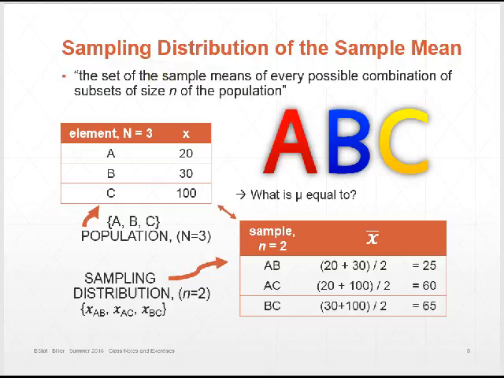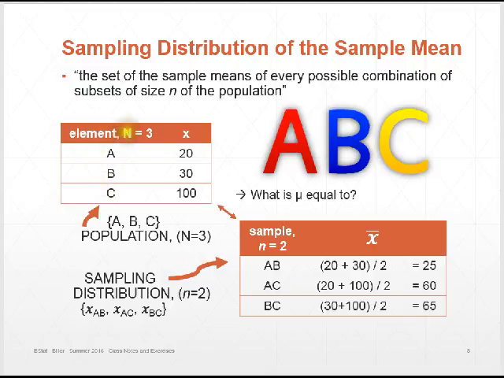And to illustrate this principle, let's look at a really simple population and correspondingly simple sample. So let's say that we have a population that looks like this. Our population contains 3 elements. The letters A, B, and C are the names that we'll give those elements.